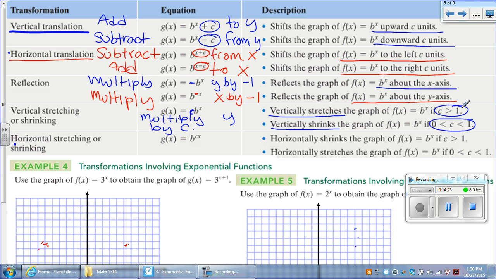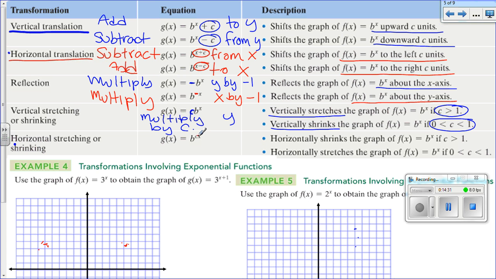Now let's go over horizontal stretching or shrinking. And that one you can distinguish because the constant is going to be multiplying the exponent, like that one. This one is also counterintuitive, so if it is greater than 1, instead of stretching, it's going to shrink horizontally.